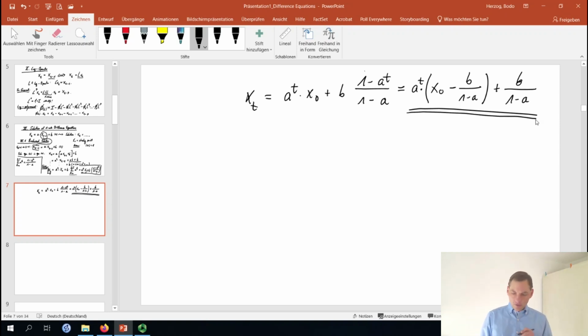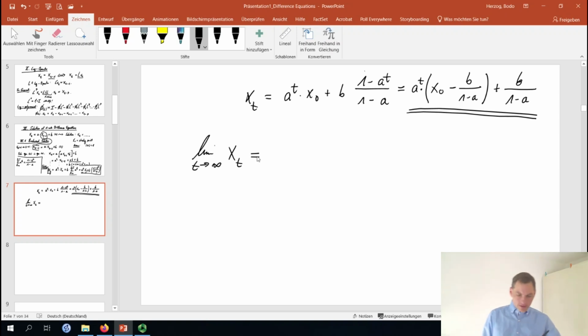In order to show this point, I will study the solution of this difference equation similarly as we studied it for the differential equation. What happens to my solution function x of t if t goes to infinity?